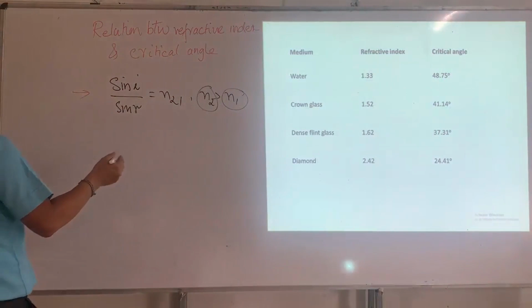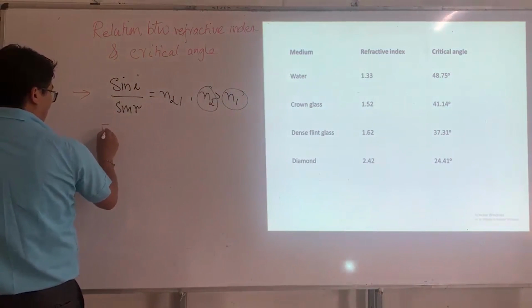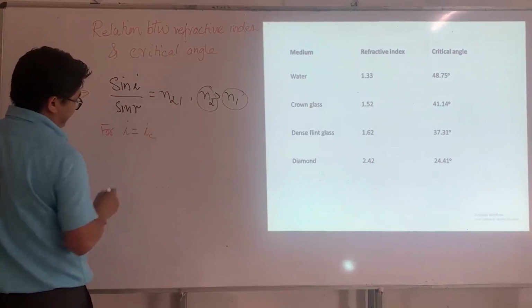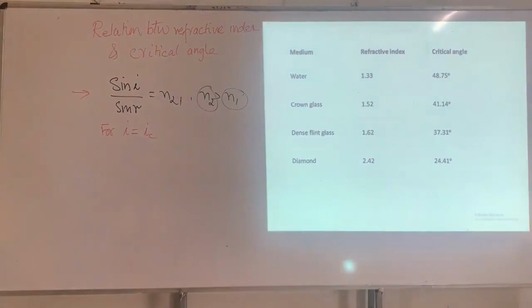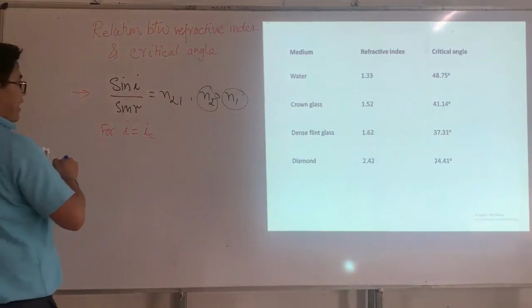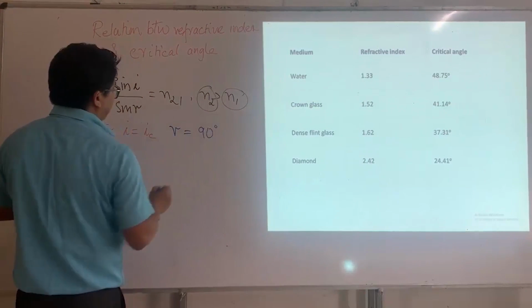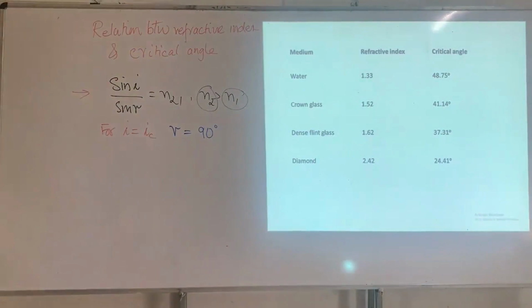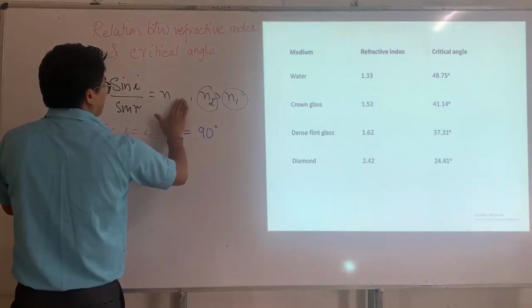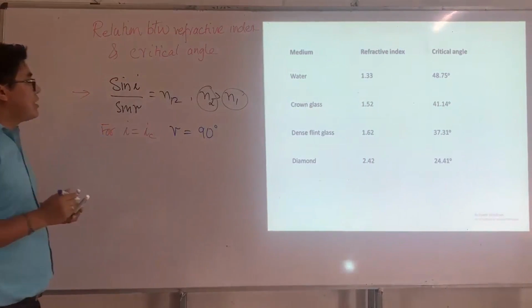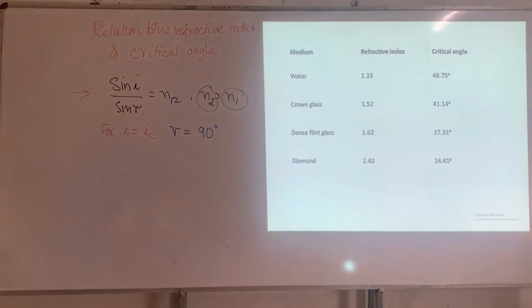Then apply this for i equal to ic. If i is equal to ic, then r must be equal to 90 degrees. I'm sorry, this has to be n12, because light goes from medium 2 to medium 1.